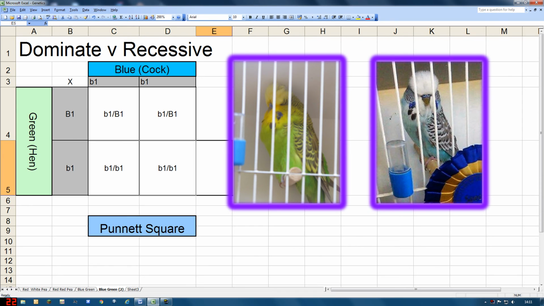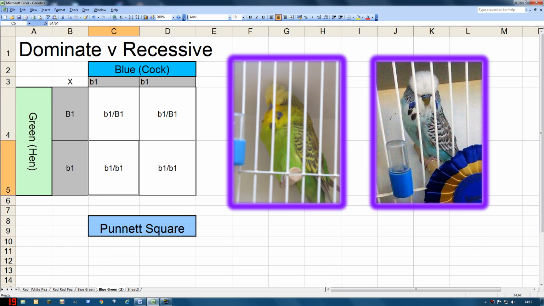On the top here we've got the same as we had before, a bird that's going to contain 1 allele for the dominant green and 1 for the recessive blue. So we will have a green bird across the top here. Both of these 2 outcomes would be green. Down here, however, we've got 2 recessive alleles, which means it will produce the blue series bird. So in this particular pairing we would have 50% blue birds and 50% green birds.